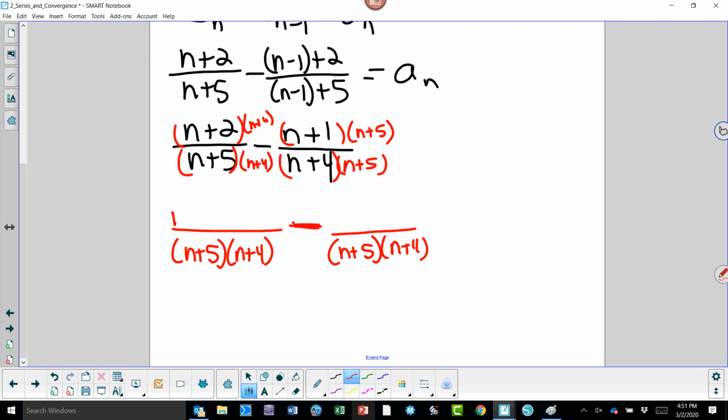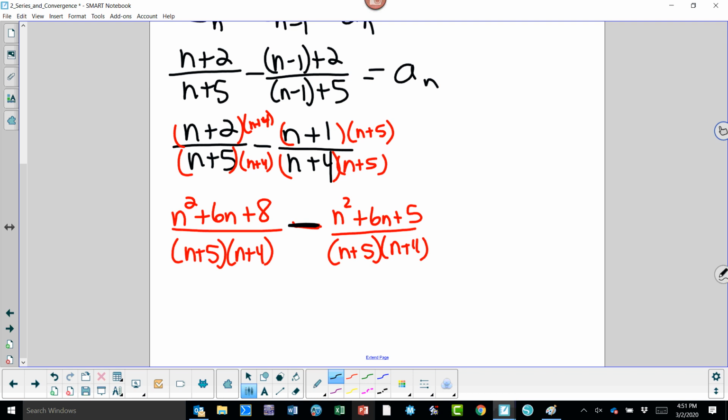So on the top, I'll get n squared plus 4 plus 2, that's 6n, plus 2 times 4 is 8. And then this one will be n squared plus 6n plus 5. Then I'm going to subtract.